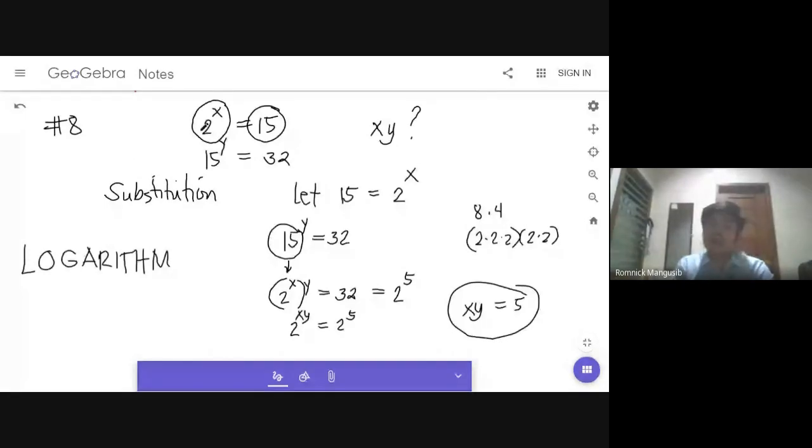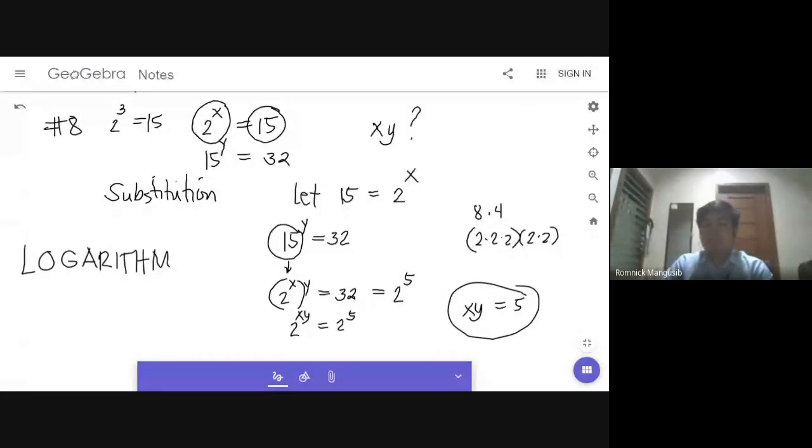Well, if you say x is equal to 3, then are you telling me that 2 raised to 3 is equal to 15? It's not, no? So, hindi possible yung 3, and y, it's not possible to be 2, because 15 raised to 2 is not 32. In logarithm, you can now solve other possible exponents.